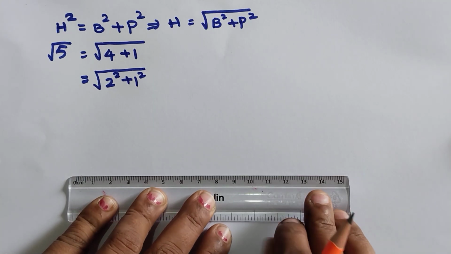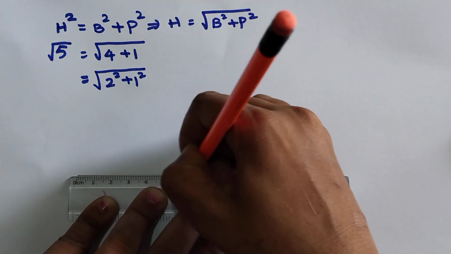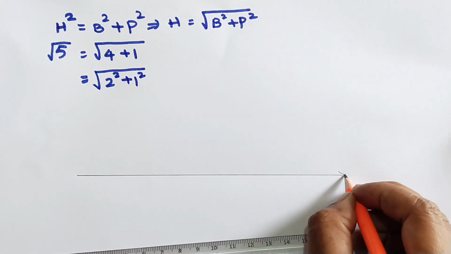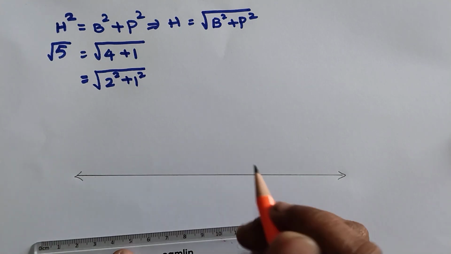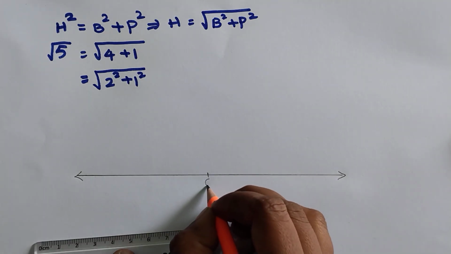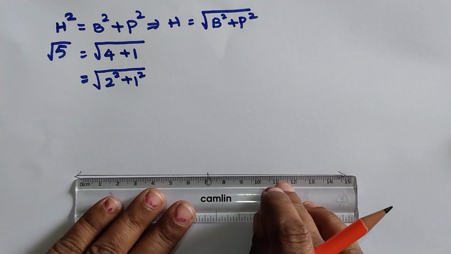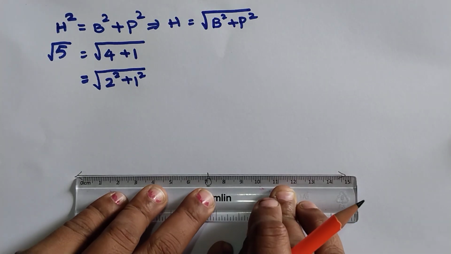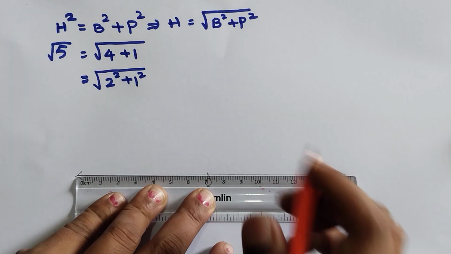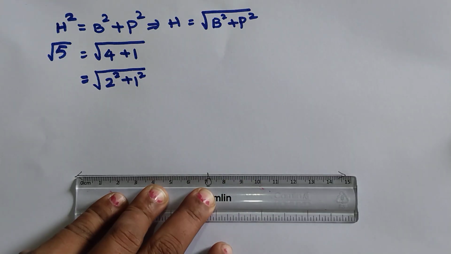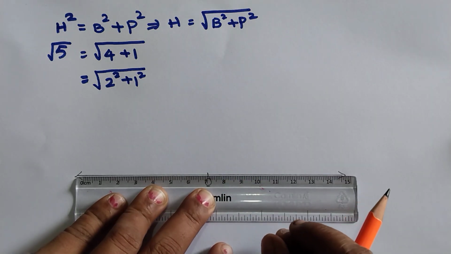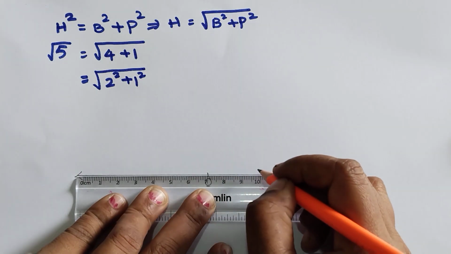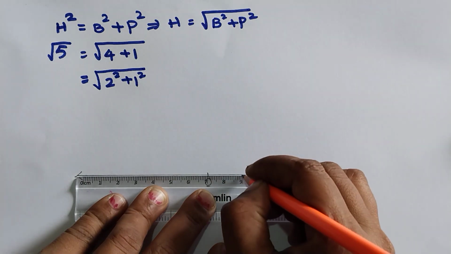Draw a number line first. In the middle, we take 0. If we take 1 unit as 1 centimeter, then the diagram will be very small. So here we take 1 unit equal to 2 centimeters.